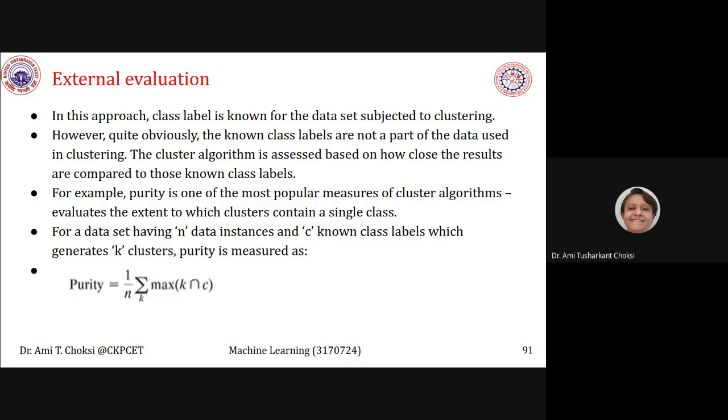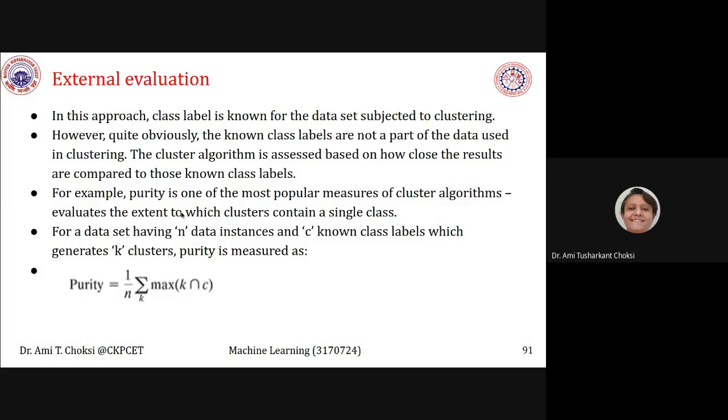We minimize the distance between intra-cluster points, and maximize the distance between two different clusters. After that, the results are compared with the classified data we already have, and then we can say, okay, it is fine. That is not part of the clustering, but the data is there with us.